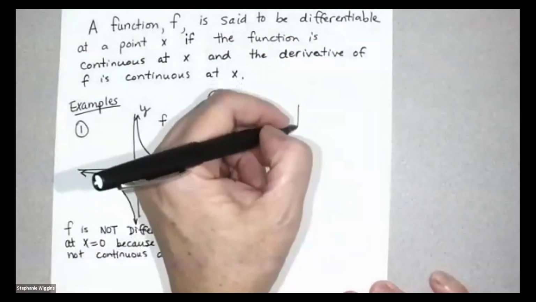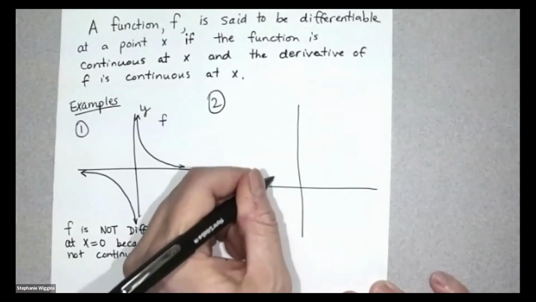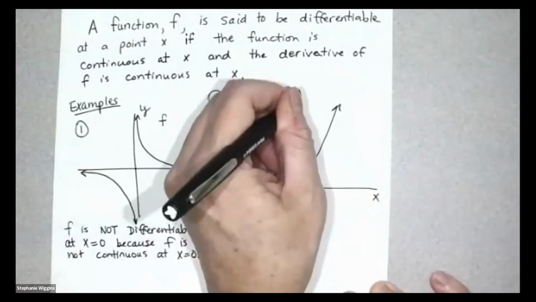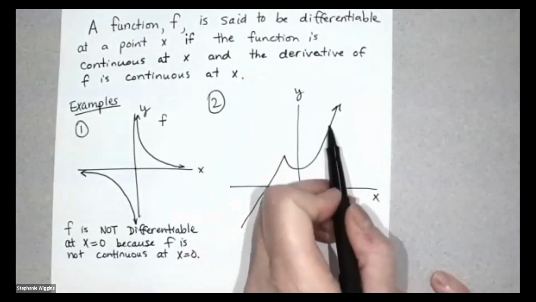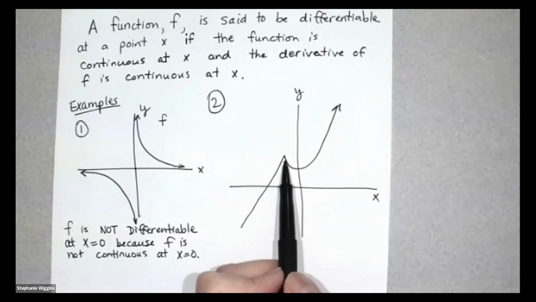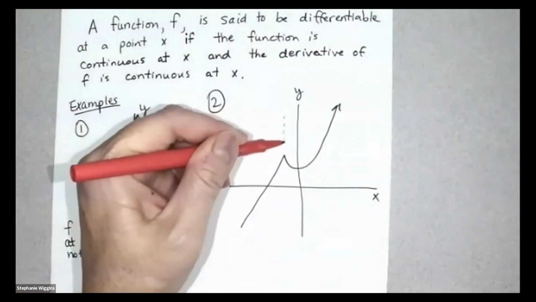So now let's look at a function here where it's continuous. In other words, I can draw this without lifting my pencil. However, it's not smooth. Right there, we have a sharp point. So we'll just give that point a name.